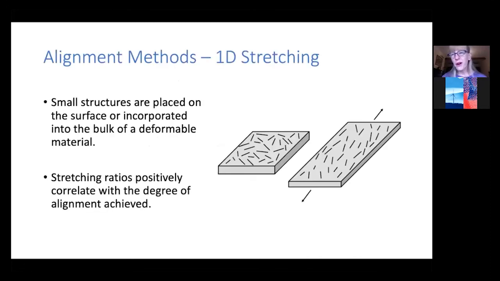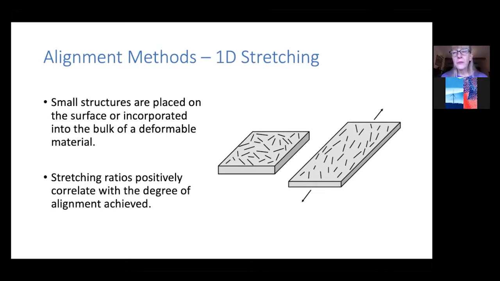So before I talk about what Laurel and I did together, I'll review what is reported in the literature with regard to aligning these small scale structures. The simplest method is one where you have the small scale structures positioned on a substrate that is deformable.